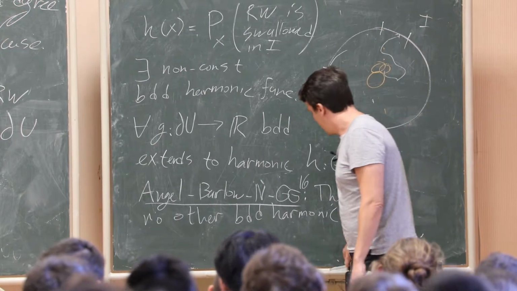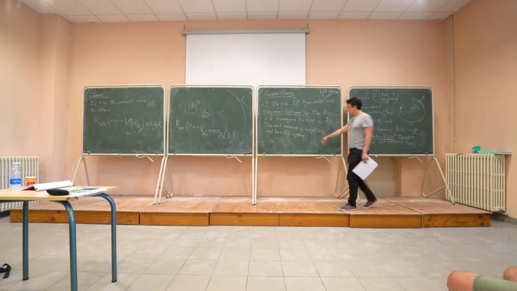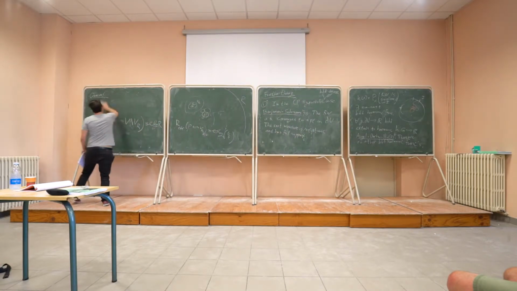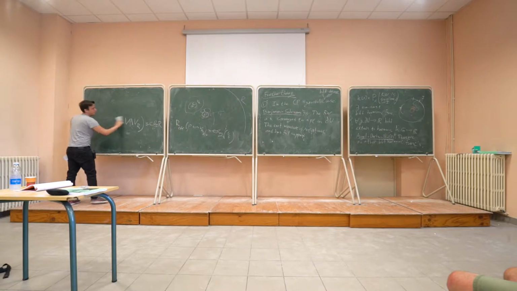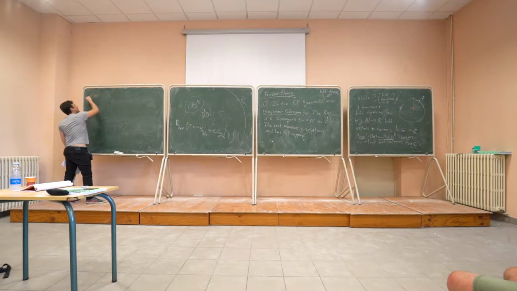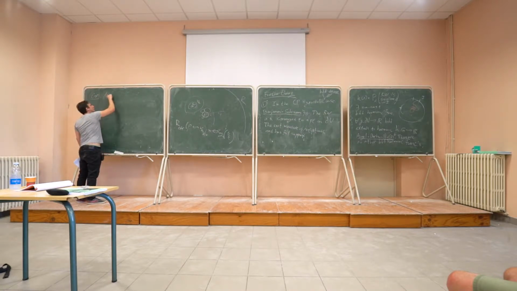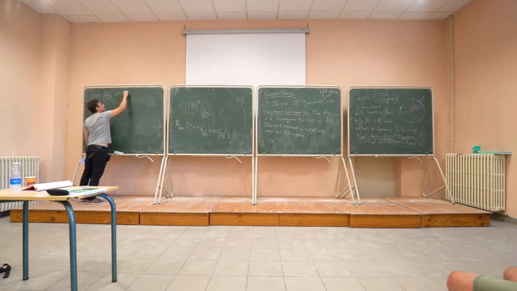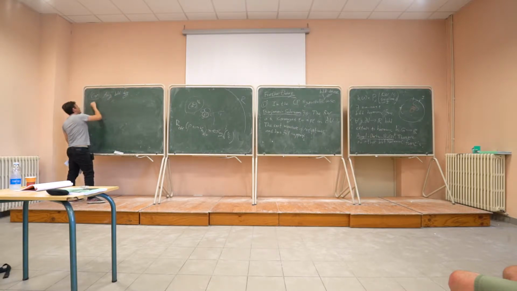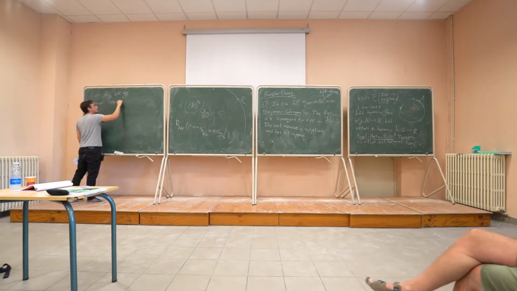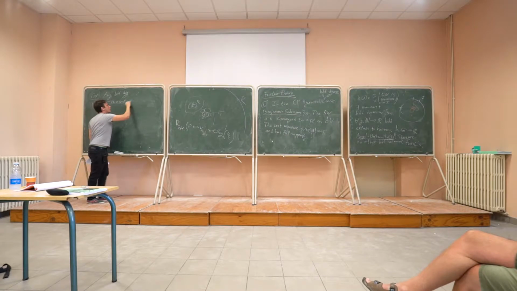Another corollary that follows from this Benjamini-Schramm theorem is something that tells you something very interesting about planar graphs. So a corollary is that any bounded degree planar transient graph is non-Liouville.